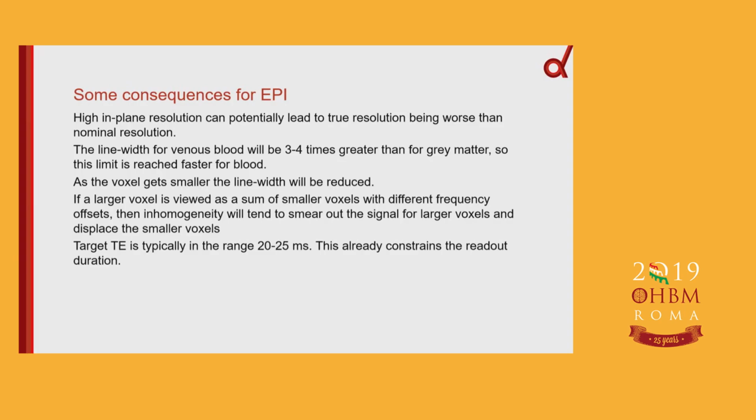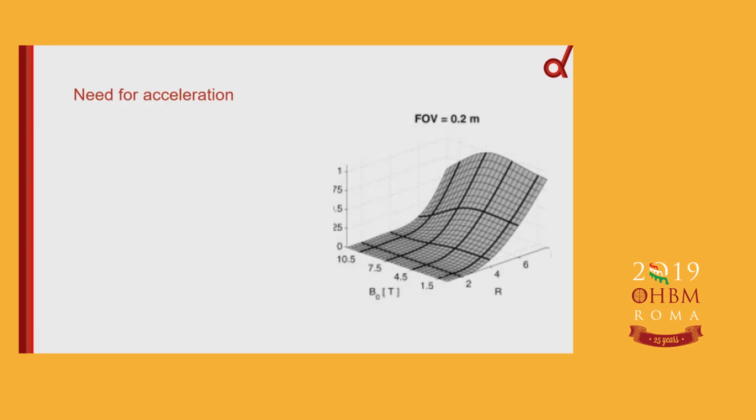The other thing is, well, if your target TE is very commonly 20, 25, maybe even 30 milliseconds, that's already constraining your readout duration. So, however you look at these things, you're going to have to accelerate, right? You're going to have to accelerate because you want volume coverage. You're going to have to accelerate because you don't want your line width, your effective bandwidth per pixel, getting bad.